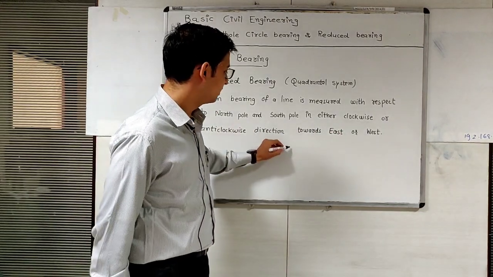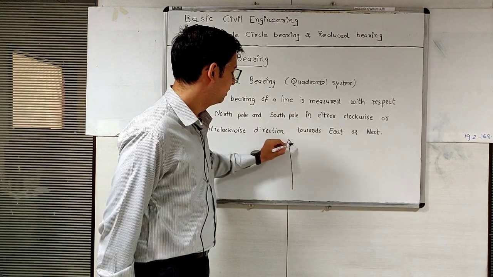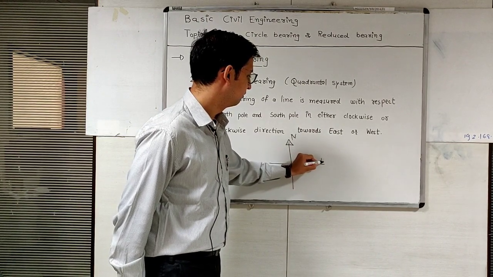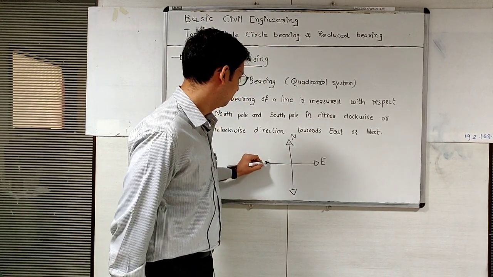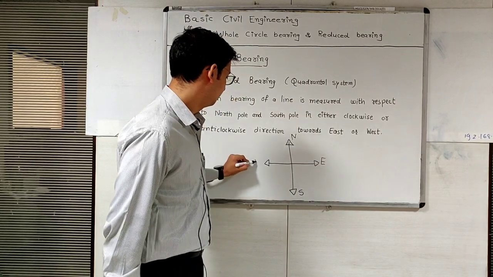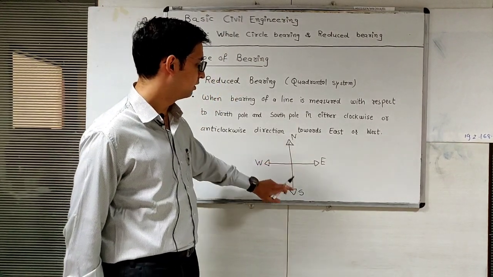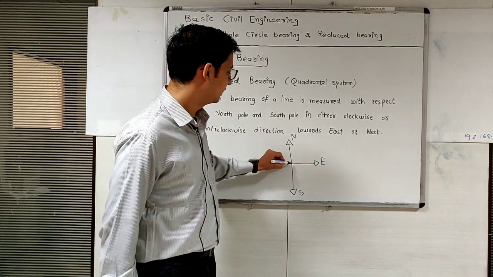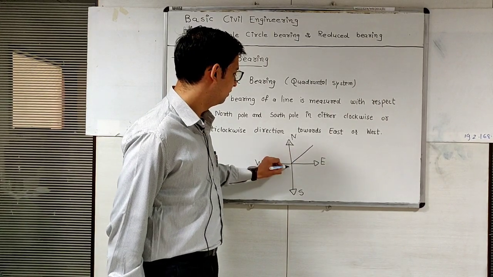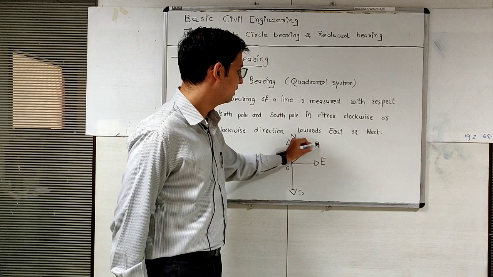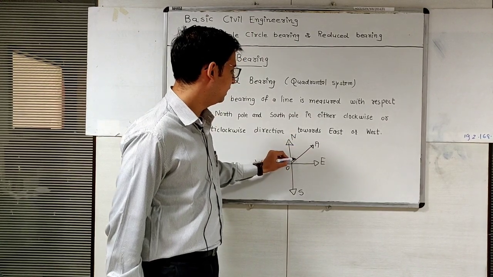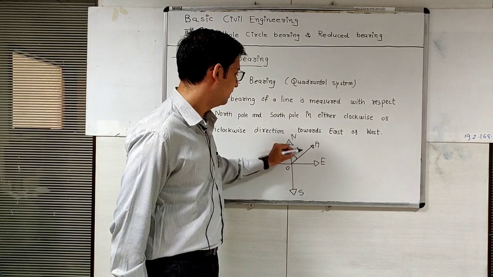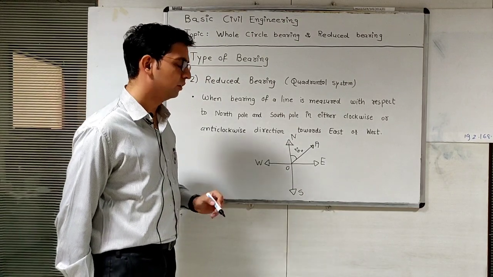As per the definition, first let's draw the magnetic north pole, south pole, east pole and west pole. Let's draw a survey line OA making an angle of 25 degree with north pole.